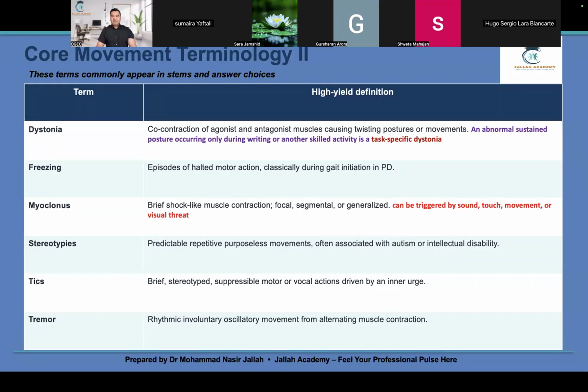Tic, brief stereotyped, suppressible motor or vocal action driven by an inner urge. It's like when you have OCD, you have an urge for doing something and then you do it. So tic is the same thing, except for tic, you have either motor or vocal.